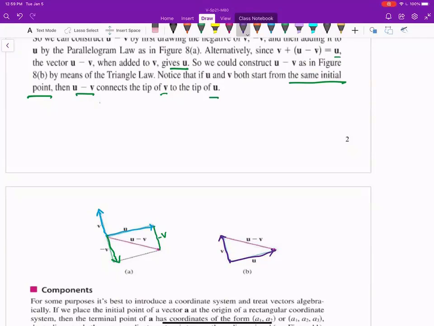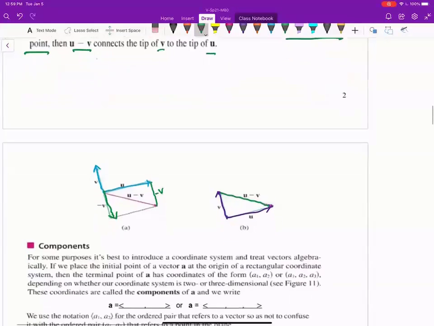So this is the difference. This is how we interpret the difference between the two vectors.